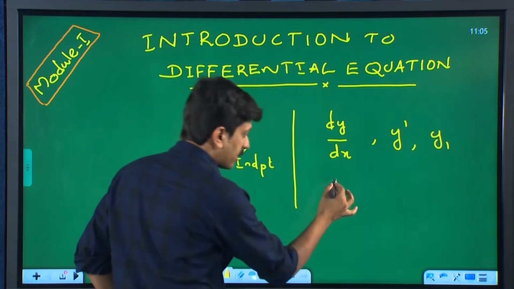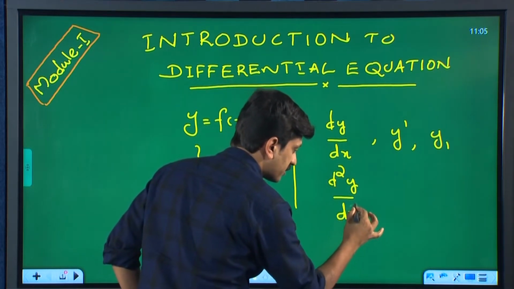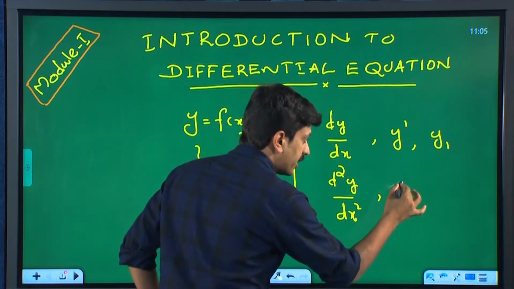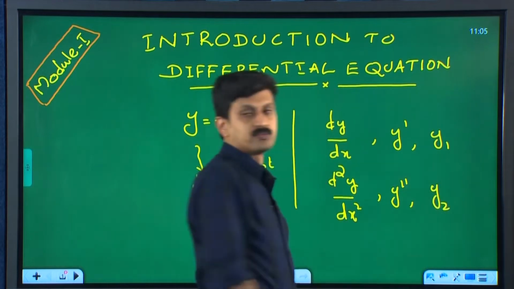And the second order derivative is d square y by dx square, or y double dash, or sometimes we write it as y2.